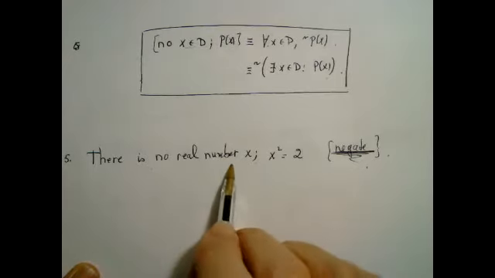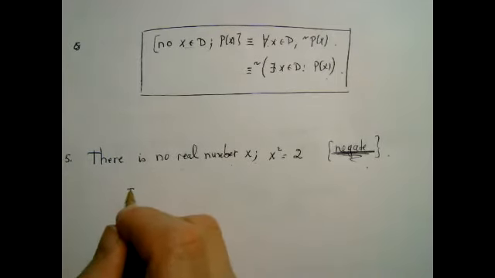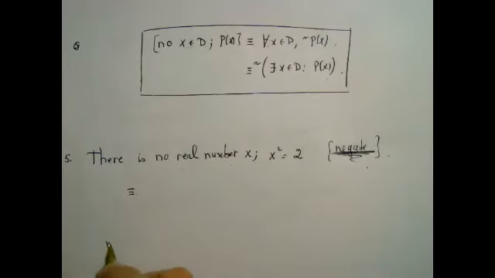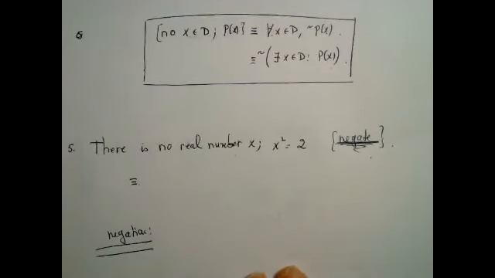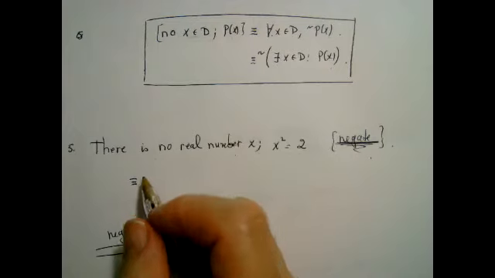So there is no real number such that x squared equals 2. What's going to be the negation? What does this mean? Given any real number, x squared is different from 2.